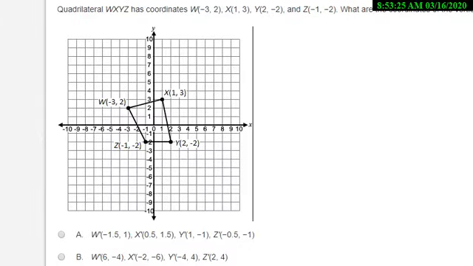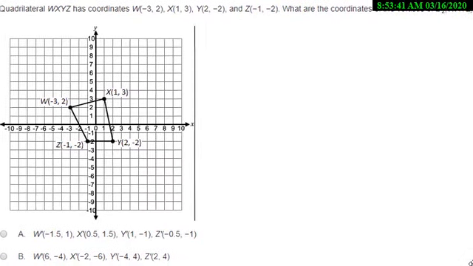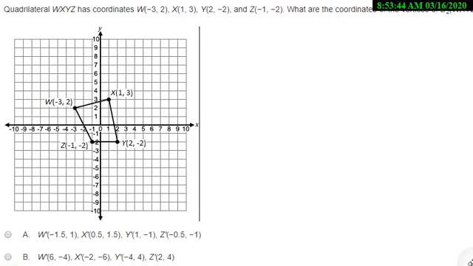The next question states that quadrilateral omega XYZ has the coordinates omega (-3, 2), X (1, 3), Y (2, -2), and Z (-1, -2). What are the coordinates of the vertices of the dilation of omega XYZ with scale factor 2?